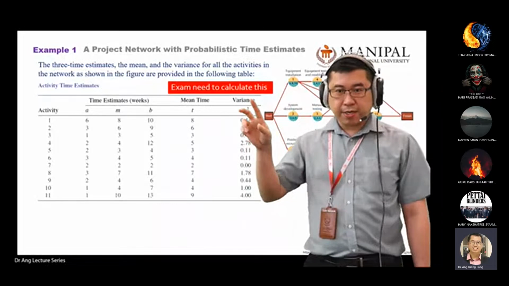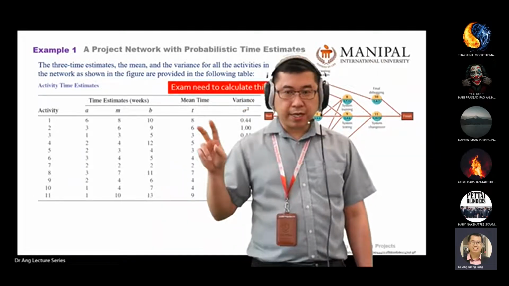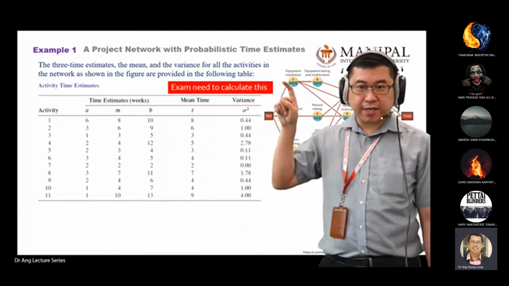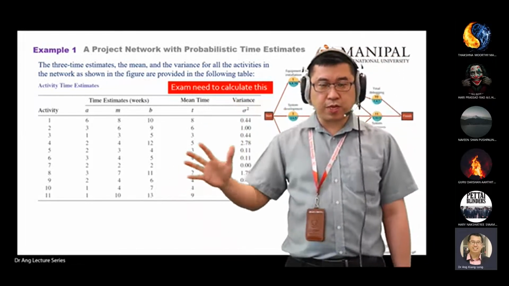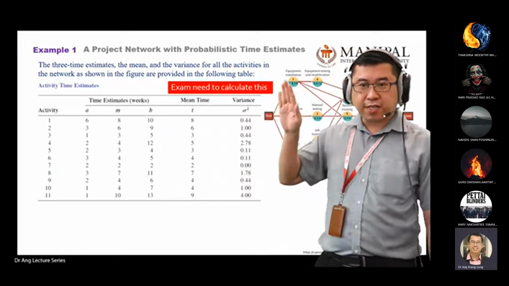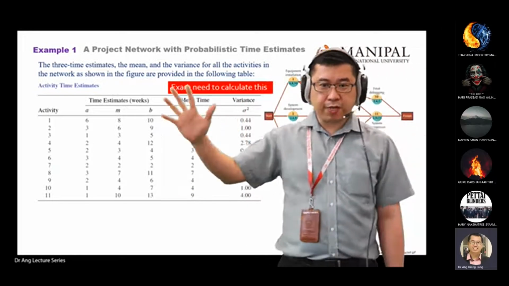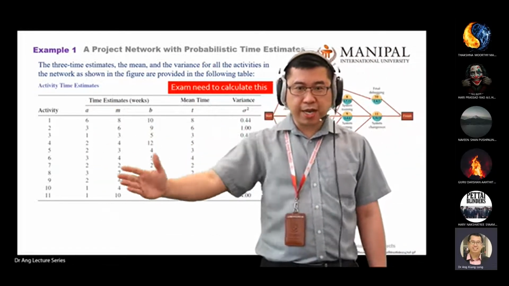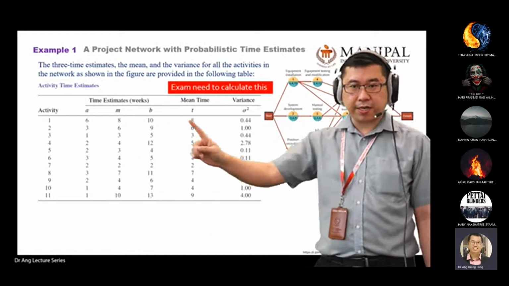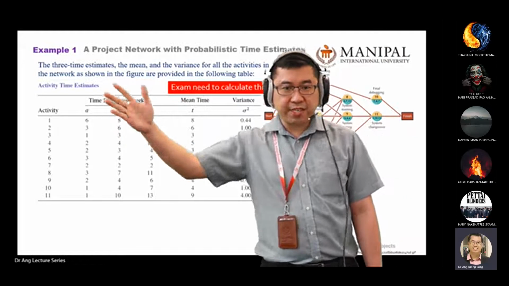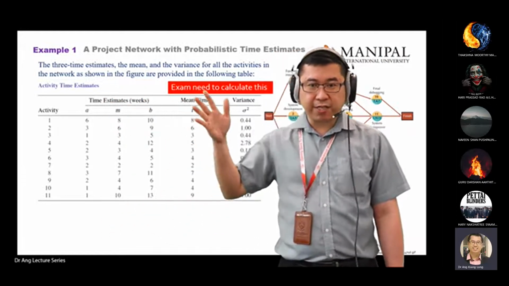So for this table, I put the hints here. There will be one question on this already. So make sure you know, it's a standard one. You see this diagram, you convert it into a table: activity, A, M, B, mean times and variance. You calculate. So you have 11 sets of activities, 11 sets of data.